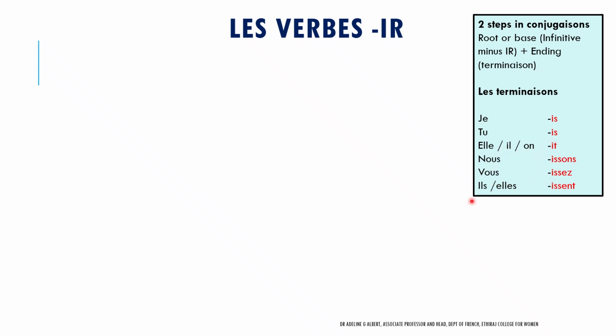Vous, it is ISSEZ. And ils, elles, it is ISSENT. D'accord? Memorize them: IS, IS, IT, ISSONS, ISSEZ, ISSENT. You have to spend a lot of time memorizing. It comes fast for me now because I've been memorizing for nearly three decades. So you have to spend time memorizing, otherwise you won't get it.